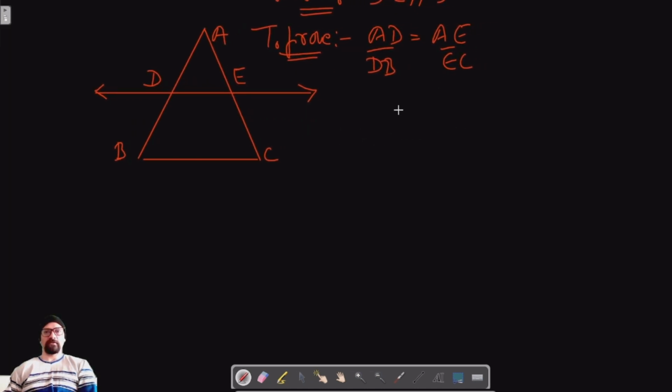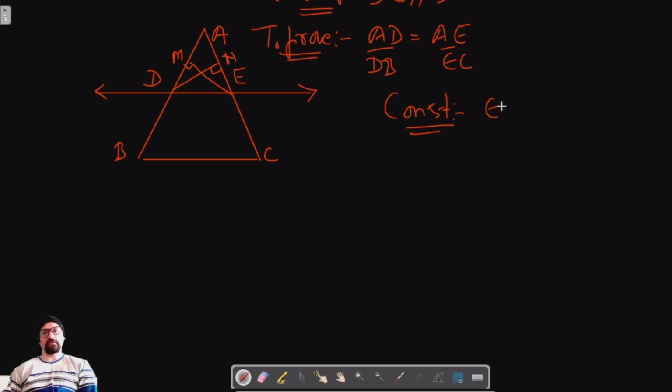And for this, let's do some construction. And the construction is that we are going to draw DN and EM perpendicular to AB. So this is EM.